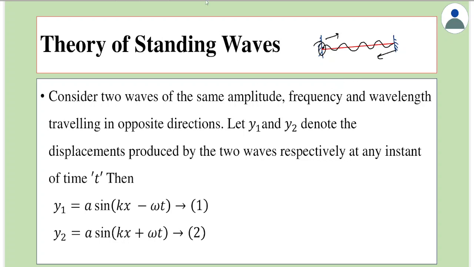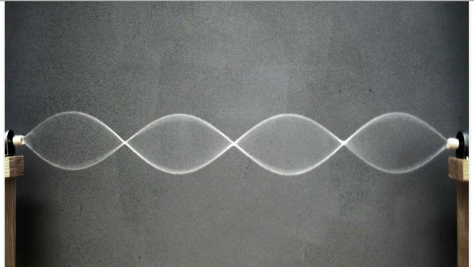An example is given here. If we have a string and we produce disturbance at both the ends like this, we get a pattern of this form. There are some points where the displacement is minimum or 0, as seen here. Disturbance is 0 here, here, here, here, as well as here.